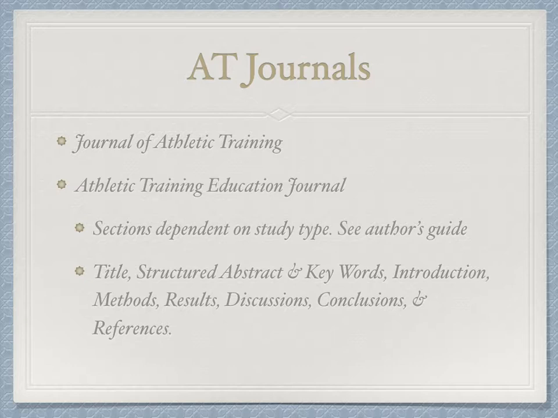Then our introduction, the method section, the results section, the discussion and conclusion sections, and reference section. I'm going to spend much more time on each one of these sections throughout this class and our next class, so I'm not going to spend too much time here.